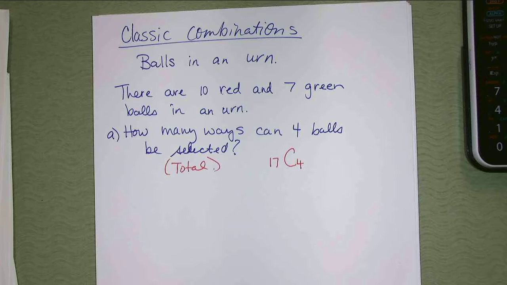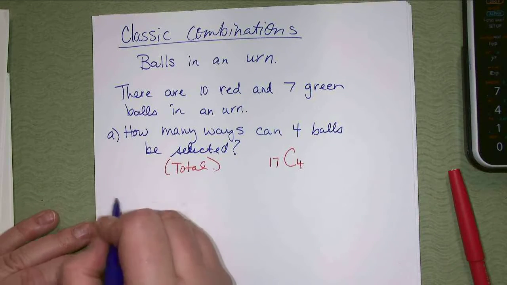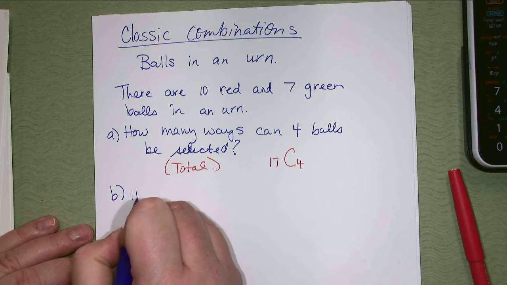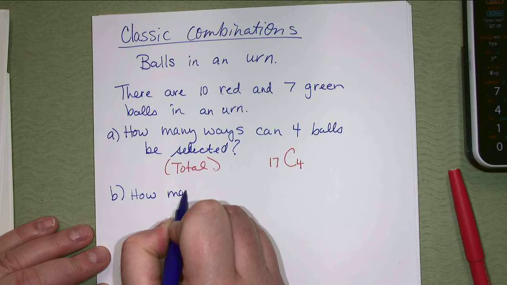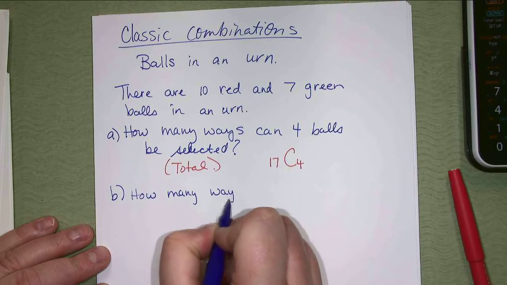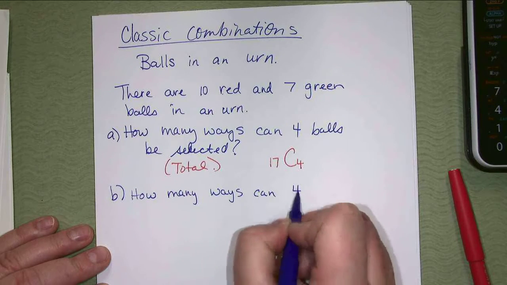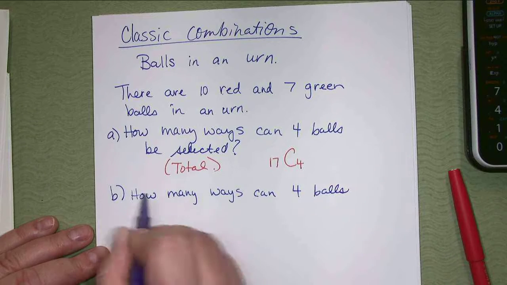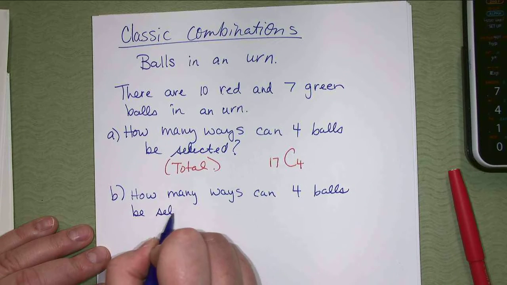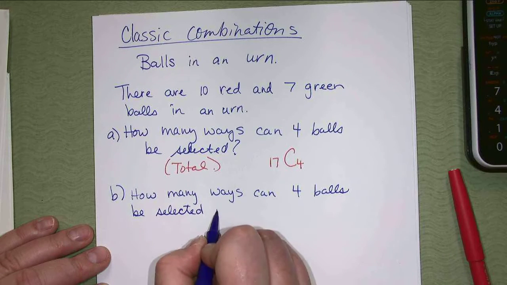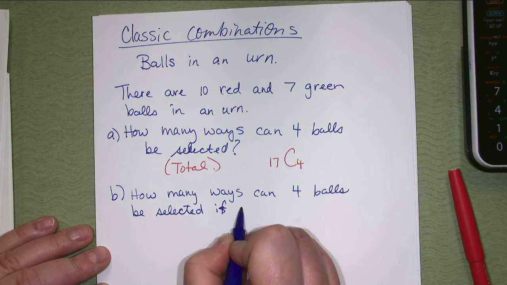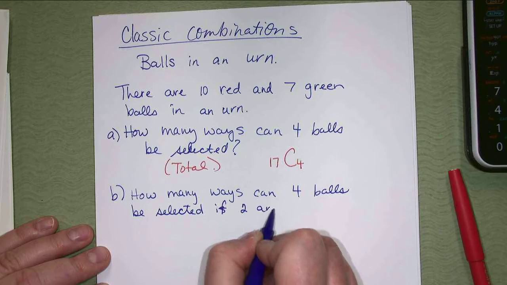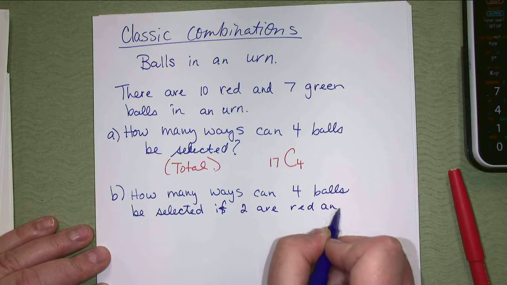But then we can change the question. So we can say, how many ways can 4 balls be selected if 2 are red and 2 are green?